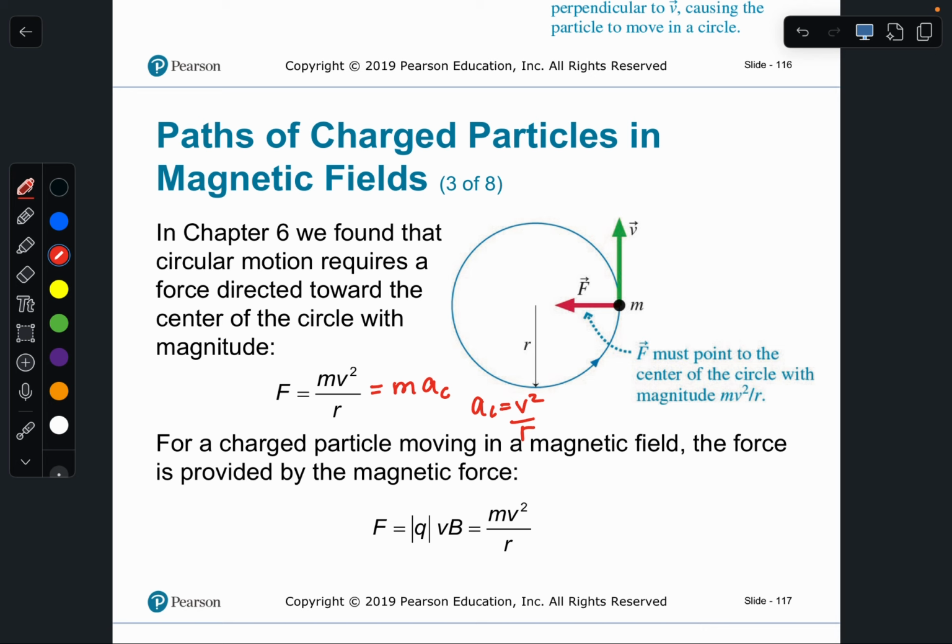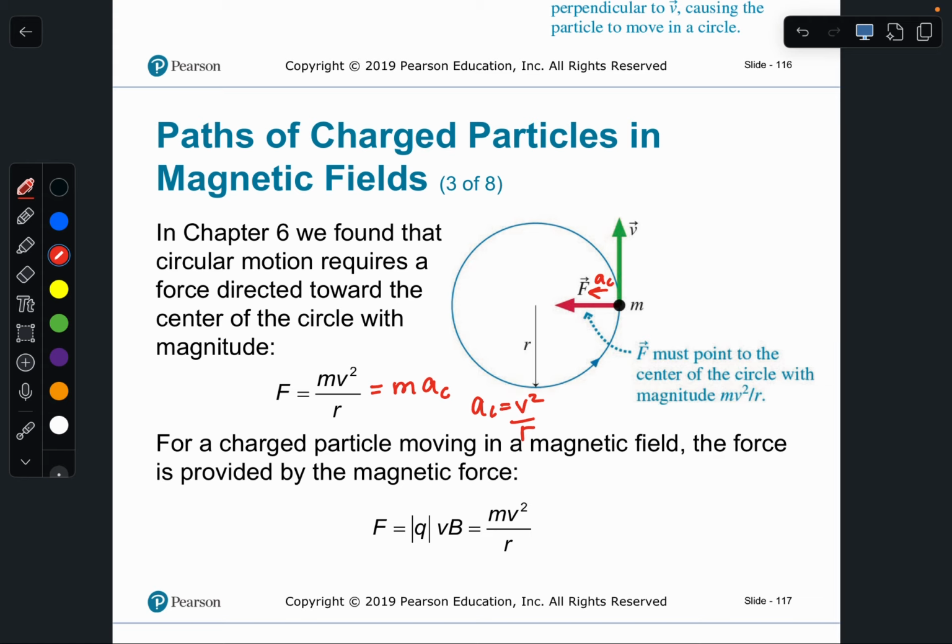Even though there is an acceleration present, the particle is moving in a circle with constant speed. That can get a little tricky, because obviously things that accelerate have their speed changing. But not if the acceleration vector points in a perpendicular direction to the velocity. V is up here in this picture, and the acceleration vector direction is this way.